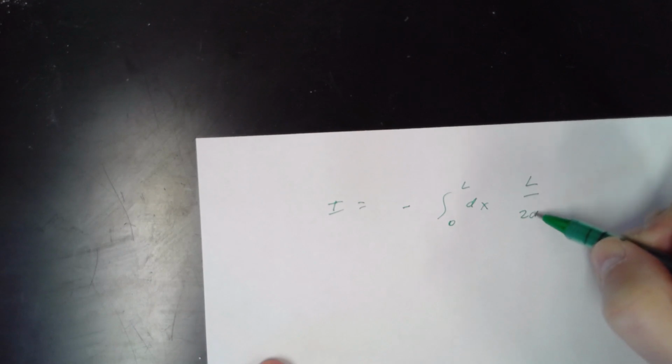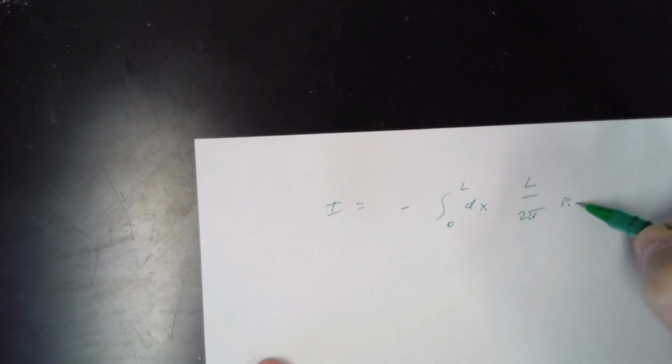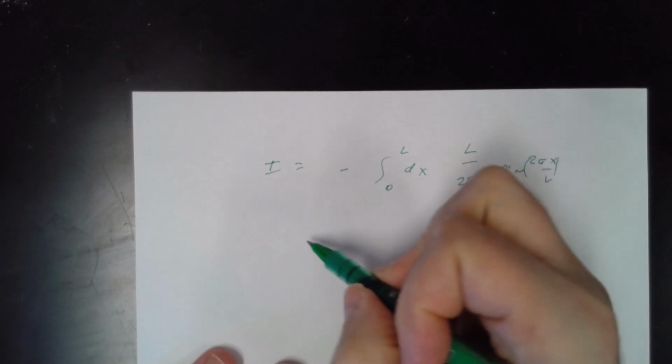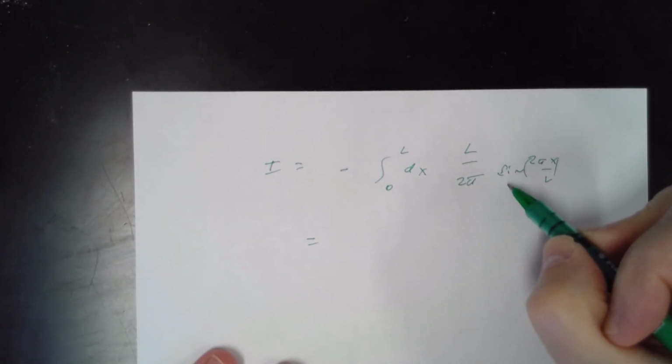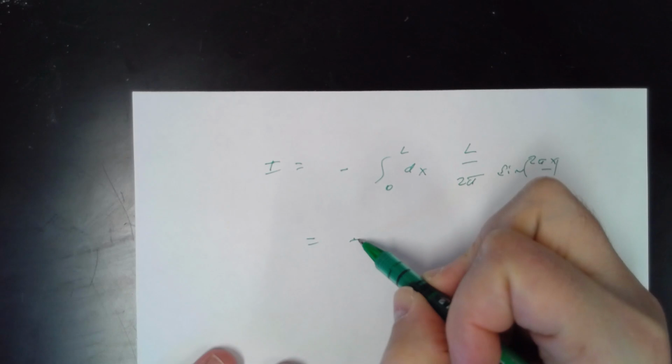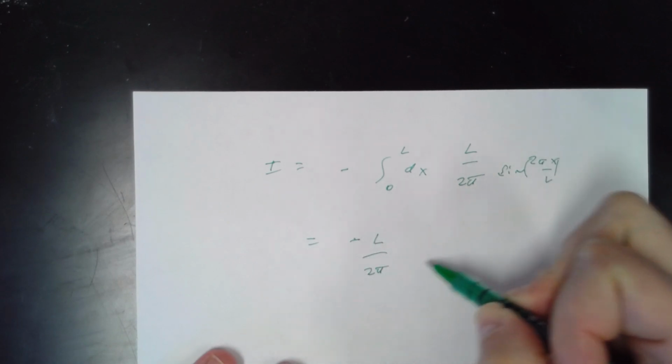And I'm going to copy that to the next page. The integral I'm looking for is negative integral from 0 to L dx L over 2 pi sine of 2 pi x over L. And that one I can do, an integral of a sine function. I'll bring out my constants, L over 2 pi.